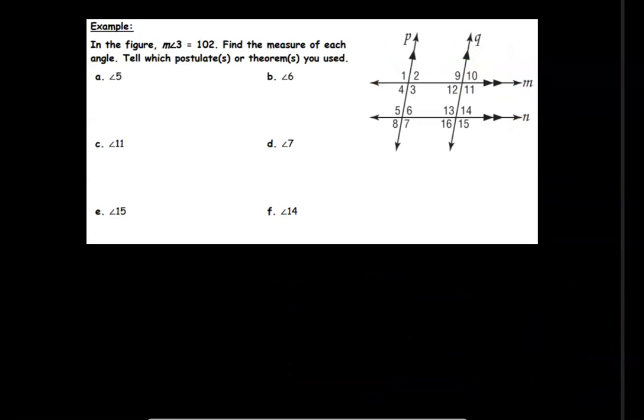In this example, it says that in the figure, the measure of angle 3 is 102. So that's 102. Find the measure of each angle. We've got parallel lines here, and these two lines are parallel. So if that's 102, then this is 102, because they're vertical.